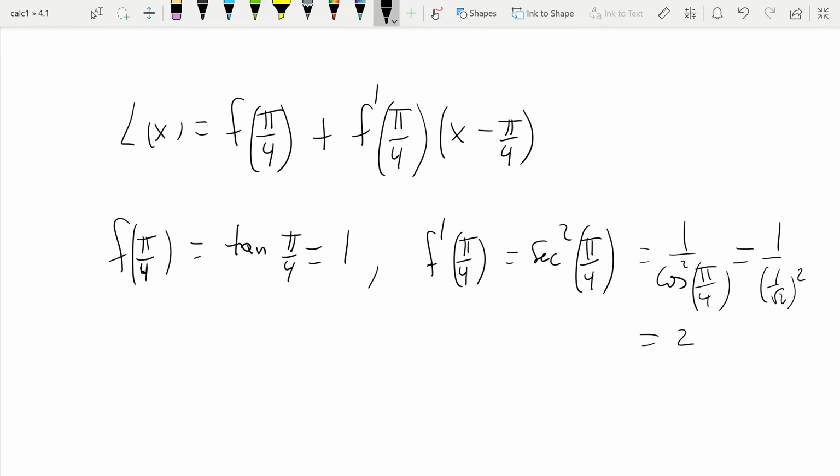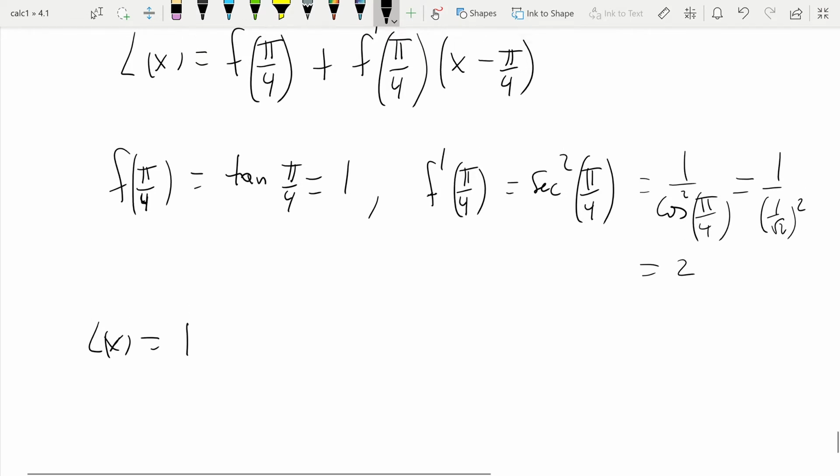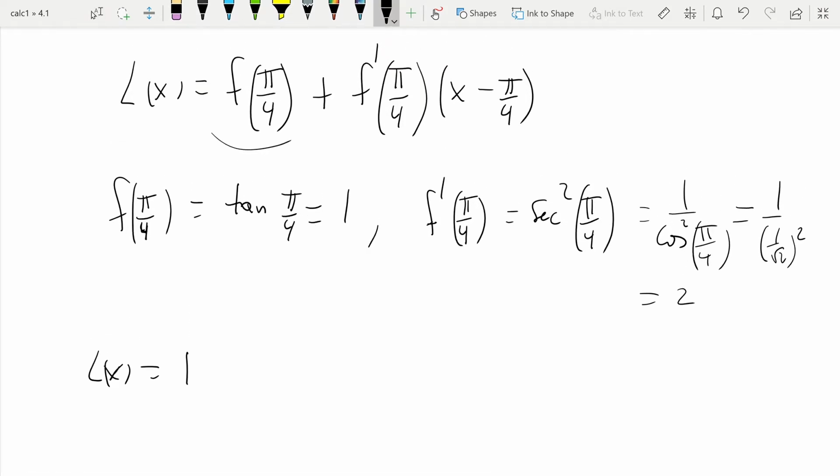So the linear approximation is given by 1, which is the value of f at pi over 4, plus 2, the value of the derivative, times x minus pi over 4.